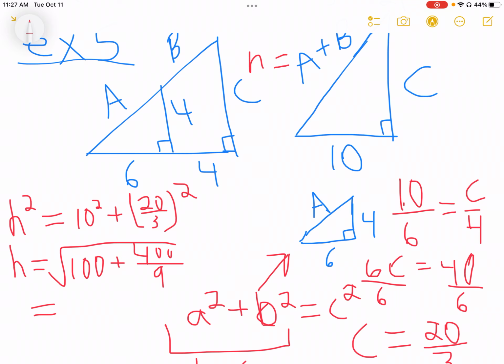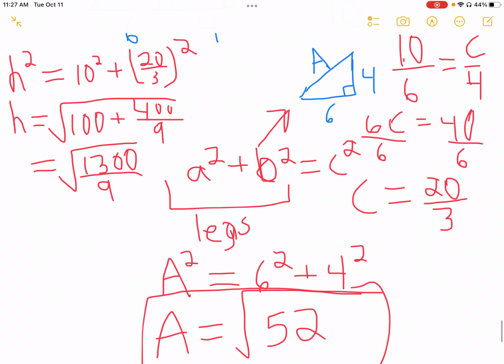They came up with a different number there because they combined this over here. So if I want to add these in parentheses here, then I would have 900 plus 400, which gives me 1300 over 9. Okay, let me show you how they did this. I have to explain it to you later.